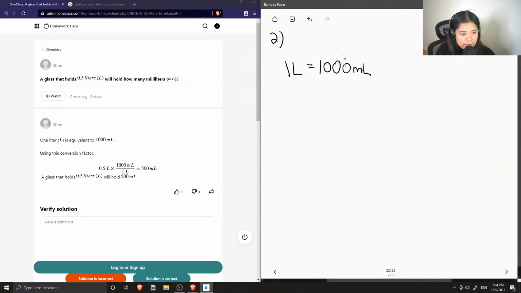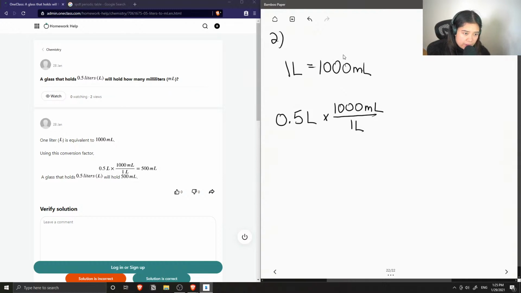So if we have a glass that holds 0.5 liters, to convert it to milliliters, we need to multiply by this conversion factor. So our desired units will always be in the numerator, because our end goal is to cancel out our undesired units, which is the liters.